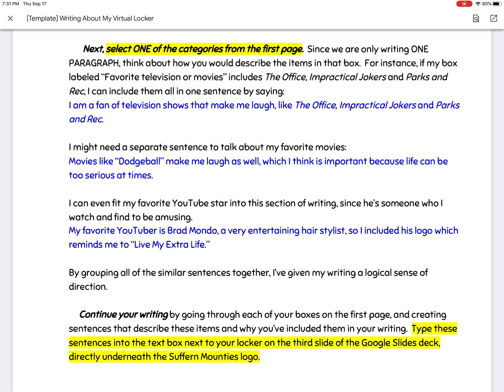And then, of course, once you've done this, you're going to write it all up on that third slide of the Virtual Locker Google Slides deck. That's the slide that has the Mountie logo, not the slide with the directions printed on it.